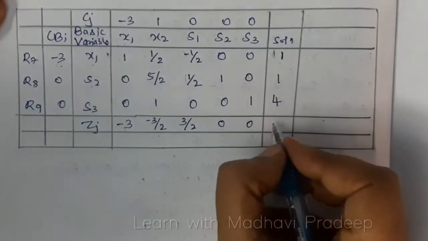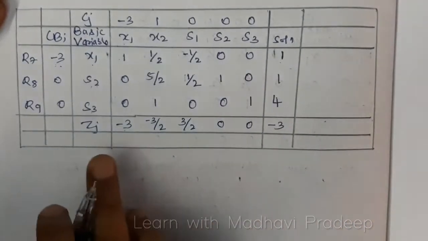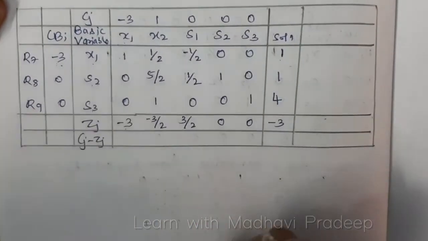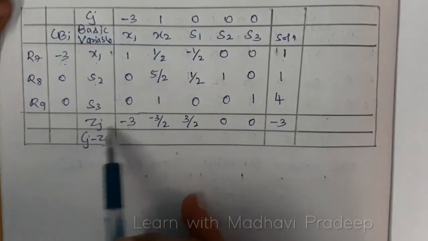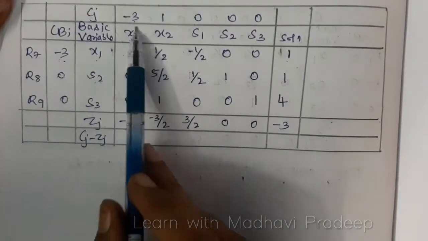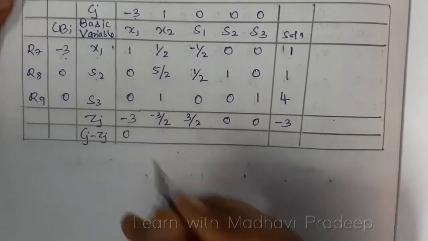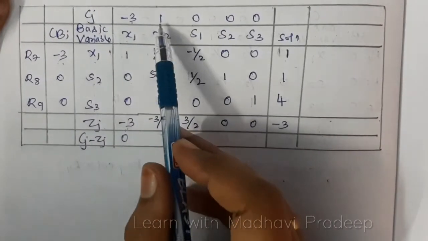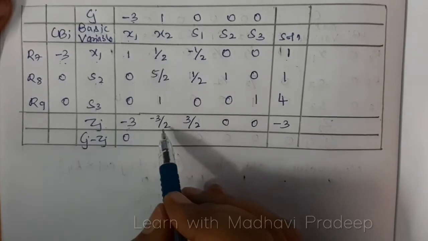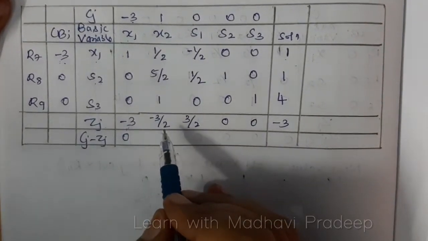Minus 3 into 1 is minus 3. So this is the Zj value we have got. Now let us find Cj minus Zj. So Cj value we have, Zj value we have. Let us subtract. Minus 3 minus of minus 3, that is minus 3 plus 3, that is equal to 0. Here 1 minus of minus 3 by 2, that is 1 plus 3 by 2, so we get 5 by 2.